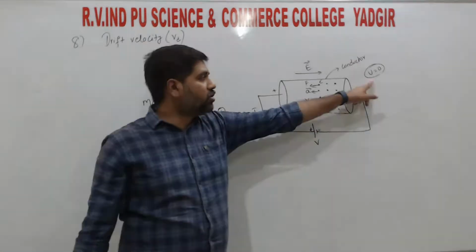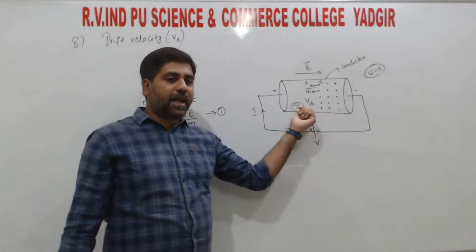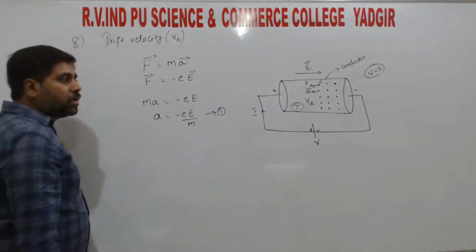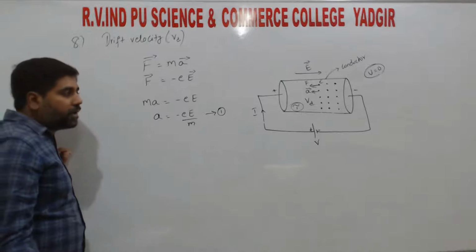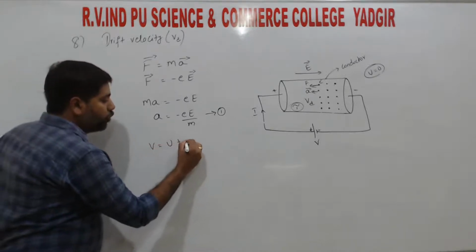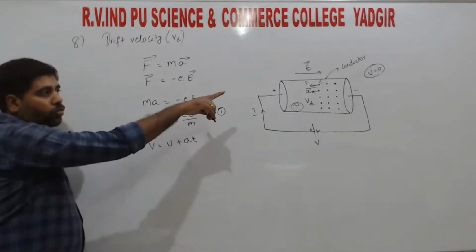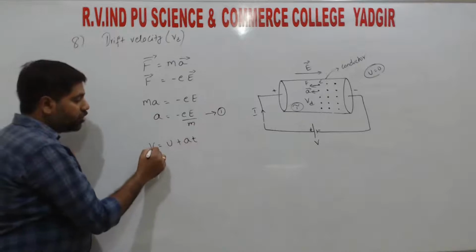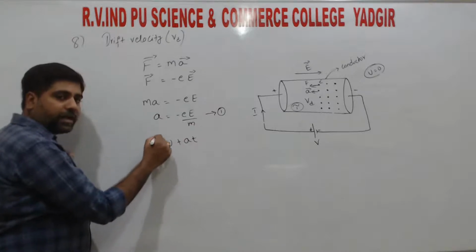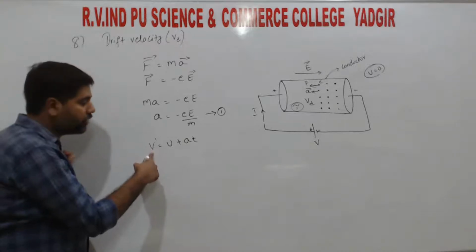Initially the velocity is 0. These electrons are moving, that means they are getting accelerated. From the first year equations of motion, V is equals to U plus A into T, right? Here the initial velocity is 0 and the electrons are moving with a velocity that we call the drift velocity.